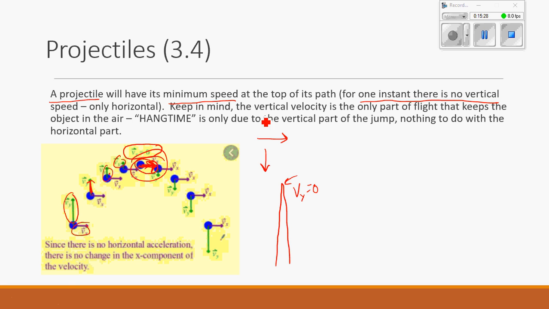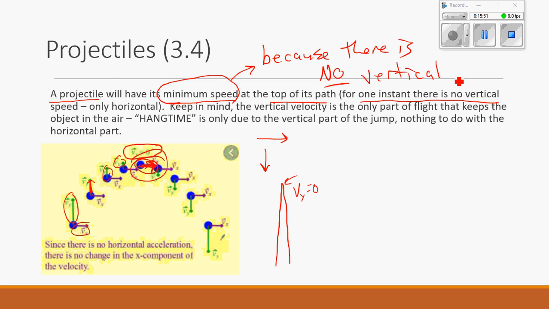So at the top of a path, the projectile will have its minimum speed. And why is that? Well, it's because there is no vertical velocity. Only left with the horizontal that never changes.